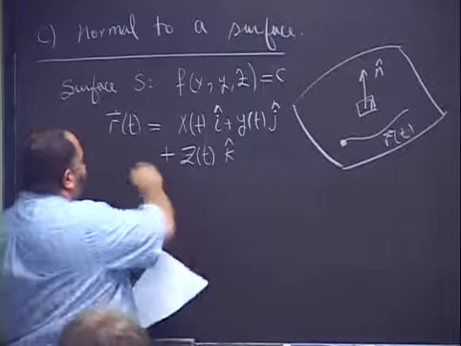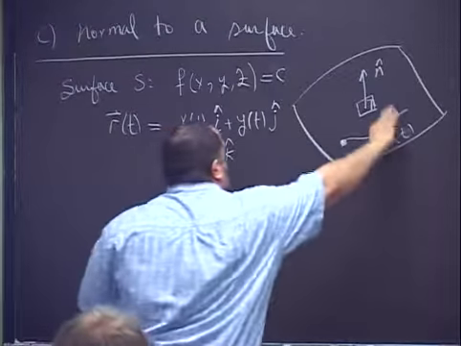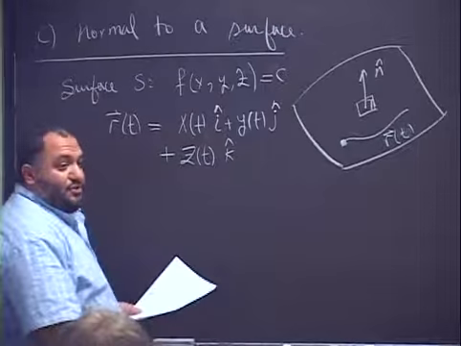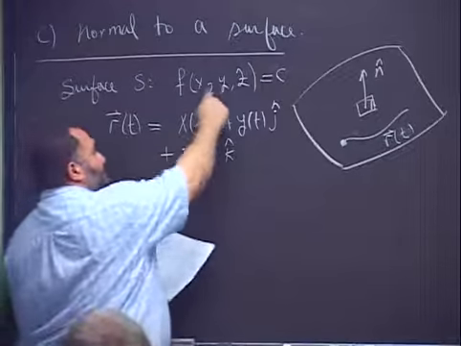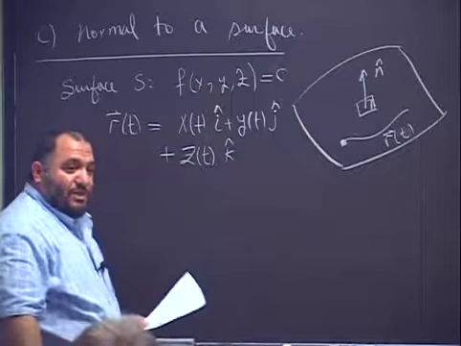Because this is an R of t, which is a curve on the surface, this curve must satisfy what? The equation of the surface.